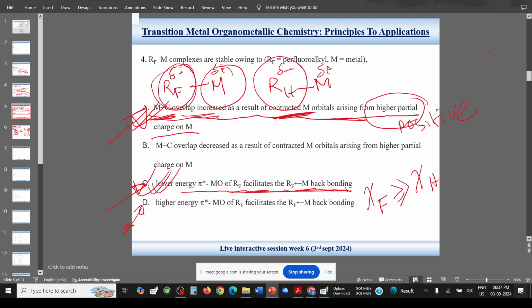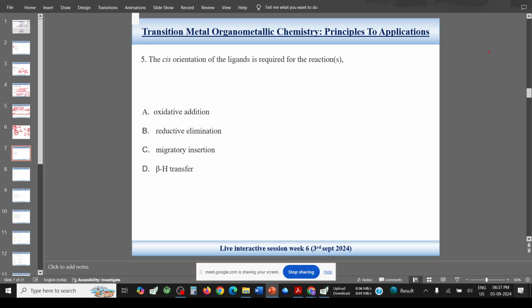The next question is: the cis orientation of the ligand is required for the reactions. The cis orientation, I think there was an assignment problem in the portal. Someone asked me in a live session about this orientation.